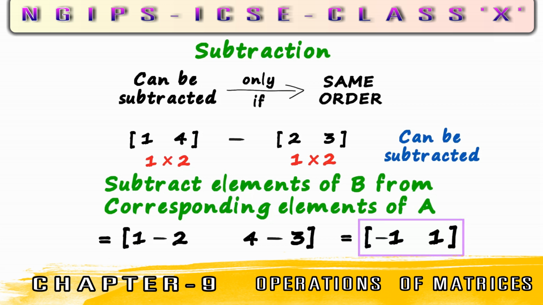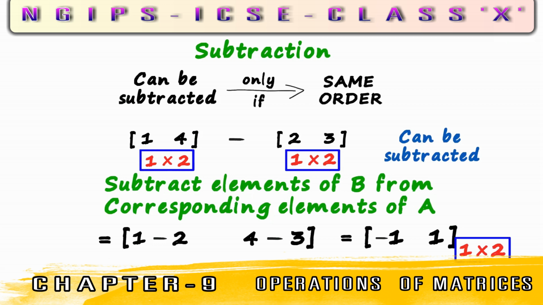This is our answer. Notice that the order of the resultant matrix is also 1 by 2. The order of the resultant matrix will always be the same as the order of the two matrices in question.